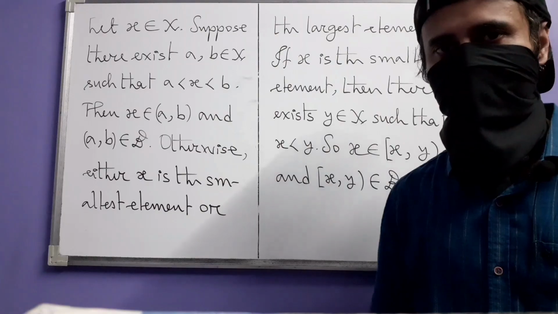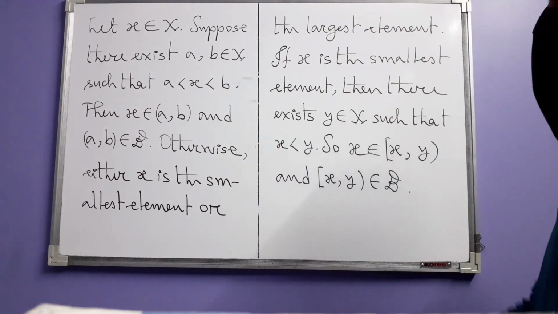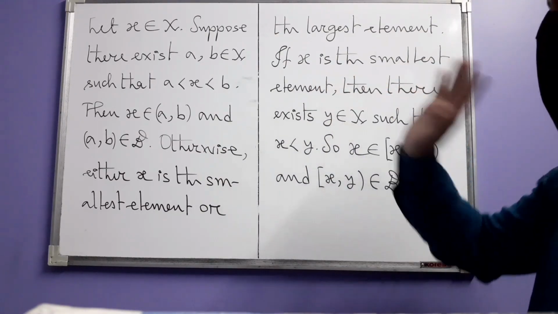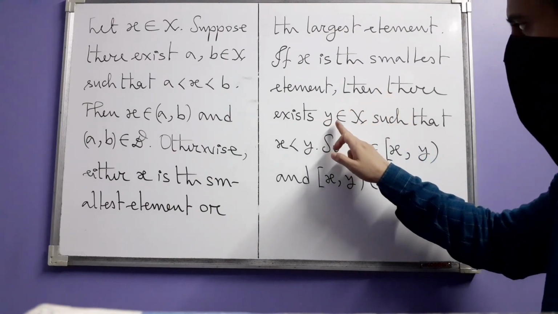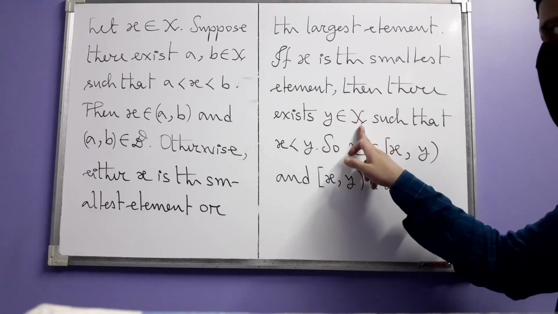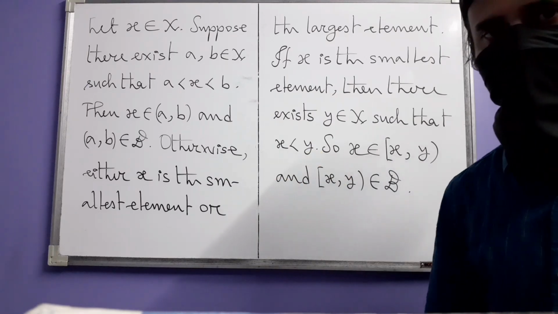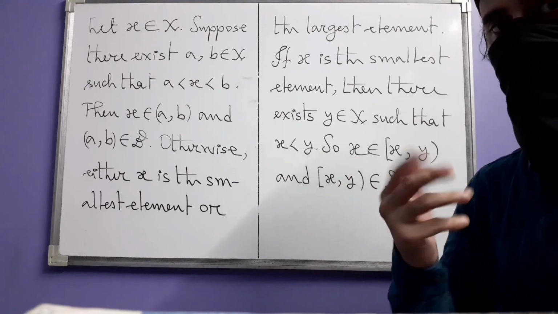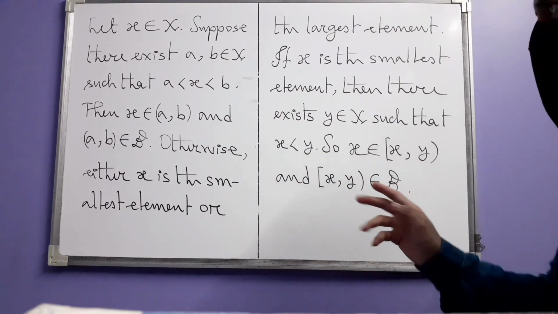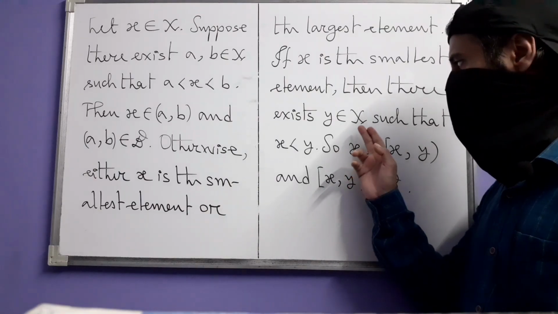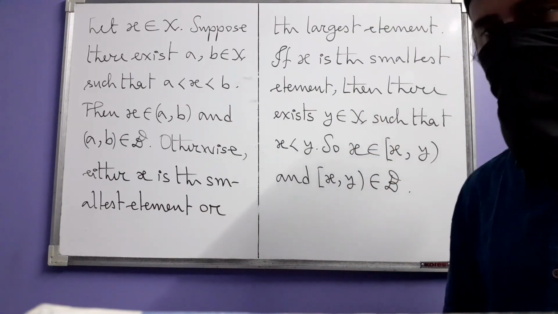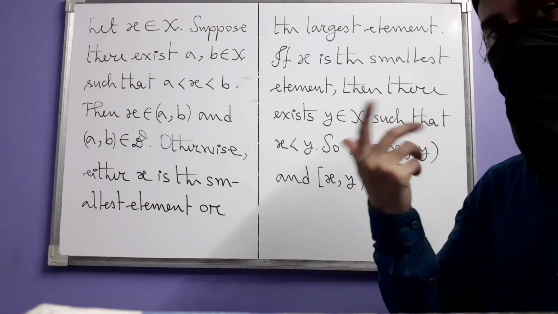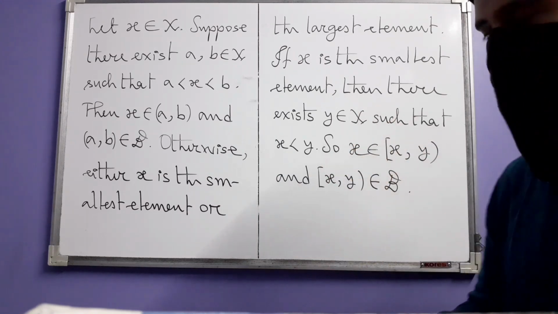So let us take these two cases separately. Suppose that X is the smallest element. Then there exists an element Y in your capital X such that Y is greater than X. The question is why? That is because, do not forget, we have imposed a condition on the set X that it should have more than one point, more than one element.